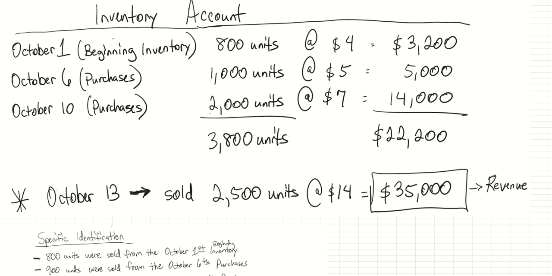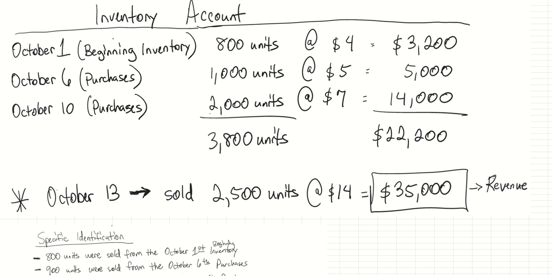So you'll notice in your assignments where you're told to determine the cost of goods sold and value the inventory under the FIFO, LIFO, weighted average, and specific identification methods, for the other three methods you're not given additional information, but for specific identification you are. They are going to tell you that out of those units that were sold, 500 came from this batch of inventory, from October 1st. The other 500 came from October 2nd, so on and so forth.